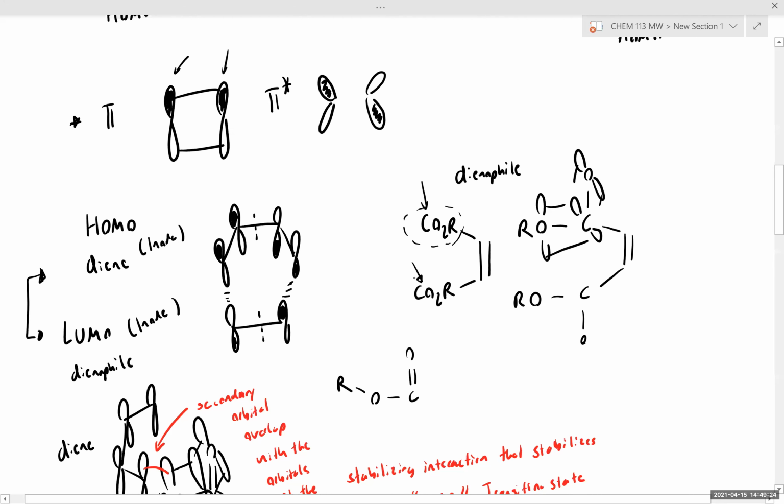Now, if we think about this ester, it is its own pi system, right? And this ester has overlapping orbitals that make up that pi system, right? Does everyone agree on that point? An ester has a conjugated pi system, as we've seen earlier on in this class.